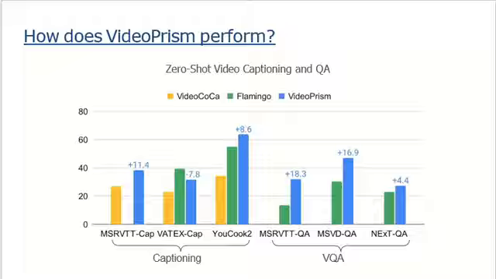For question answering, on MSRVTT-QA, there's a whopping plus 18.3 jump, MSVD-QA shows plus 16.9, and NExT-QA adds plus 4.4. So, yeah, this isn't just captioning what's visible. VideoPrism is answering nuanced high-level questions about video content.